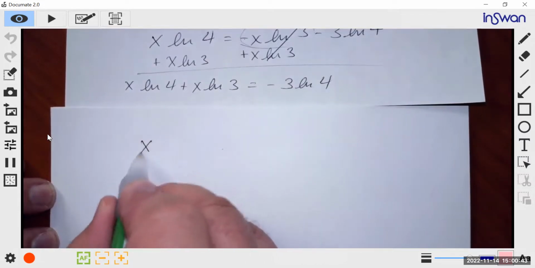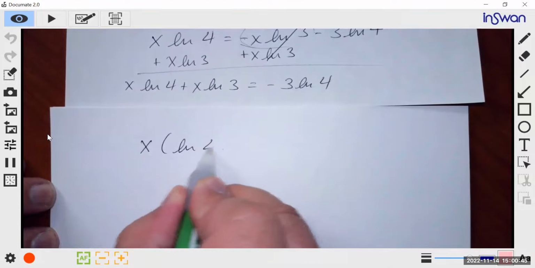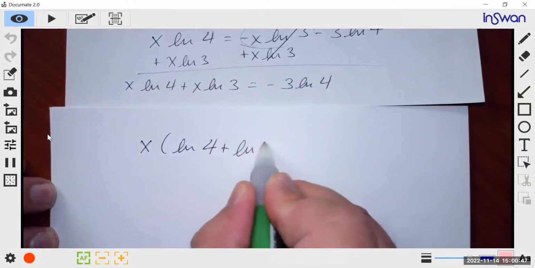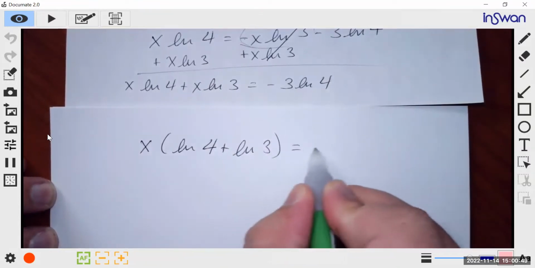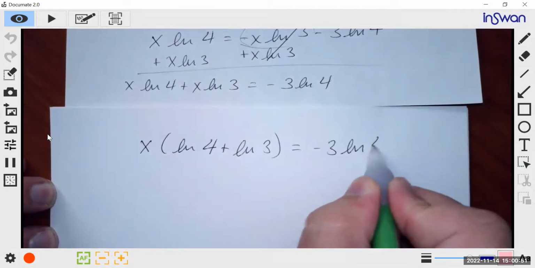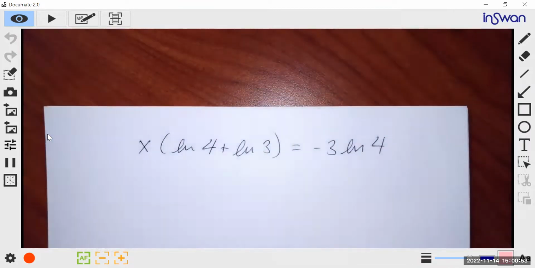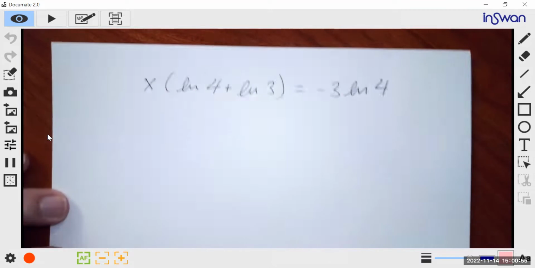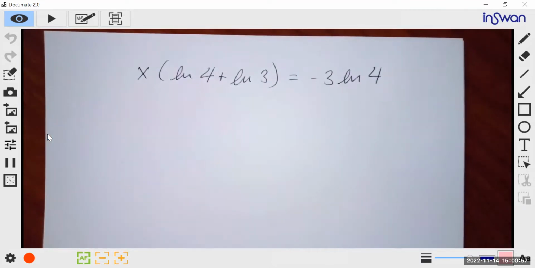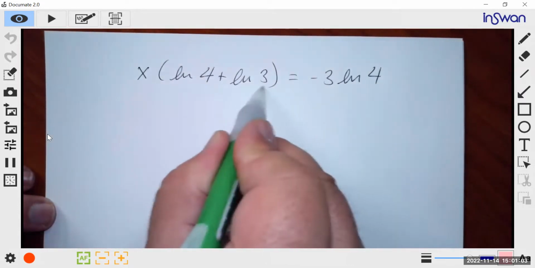The x. So we factor out the x. Now to get the x by itself, what do I do? I have to get rid of all this stuff.